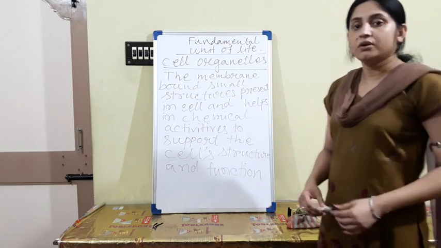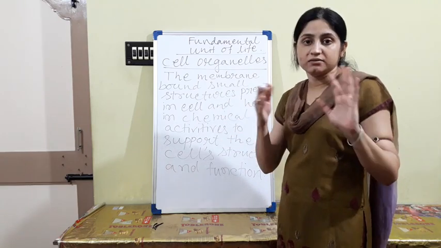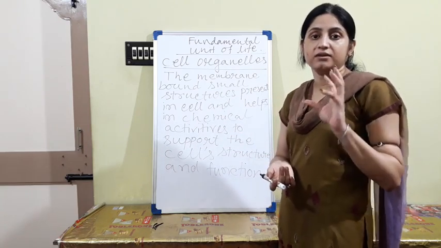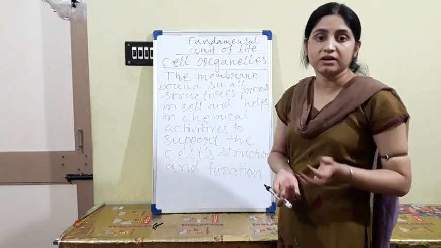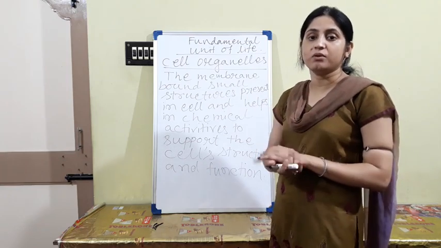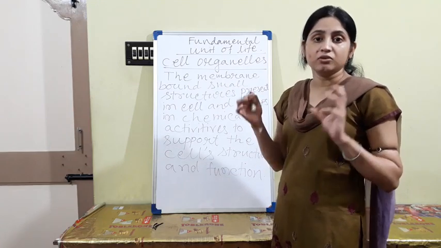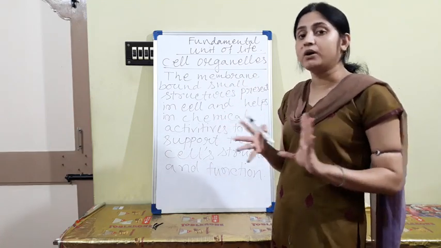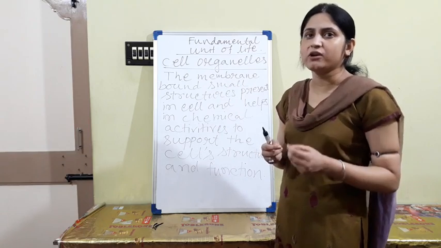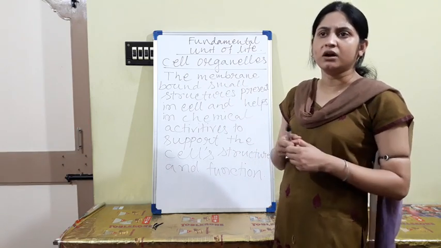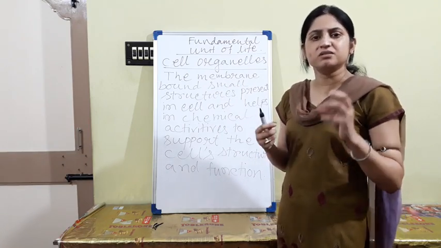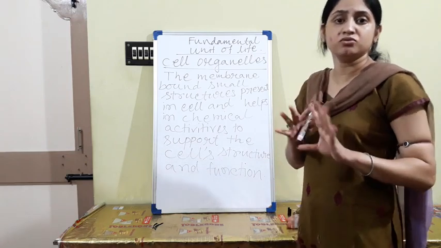Because they are membrane bound, they are separated from each other, and different cell organelles have different functions, so they are differentiated from each other by the membrane. Mainly in the eukaryotic cell you find almost all types of cell organelles, but in the prokaryotic cell only one or two, like mitochondria, which are very much needed for the cell.